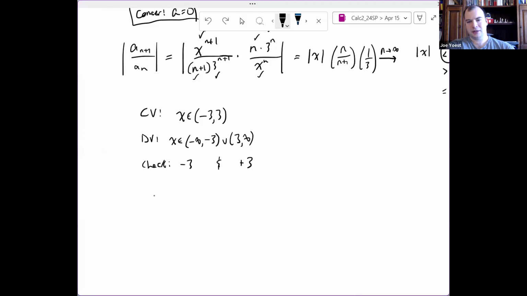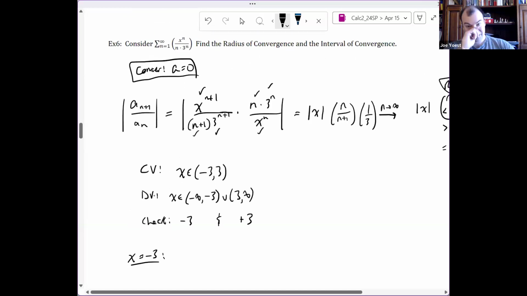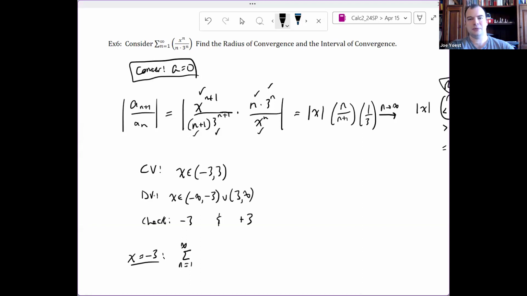Okay, let's check these two special cases. For x equals -3, we're investigating the series. This would be -3 to the n, and I'm going to rewrite it as 1 over n times (x over 3) to the n.